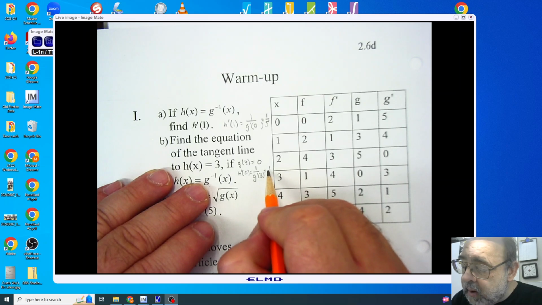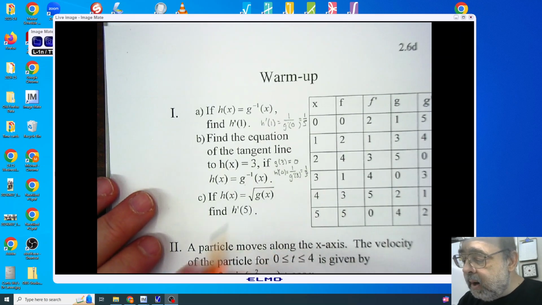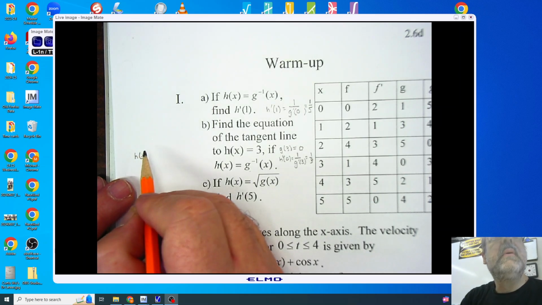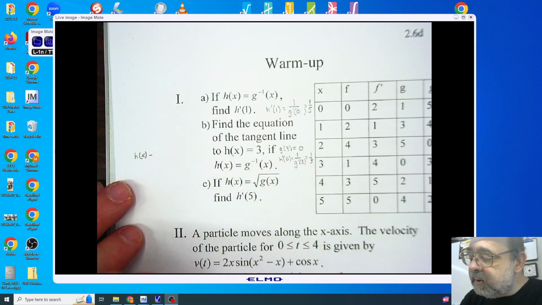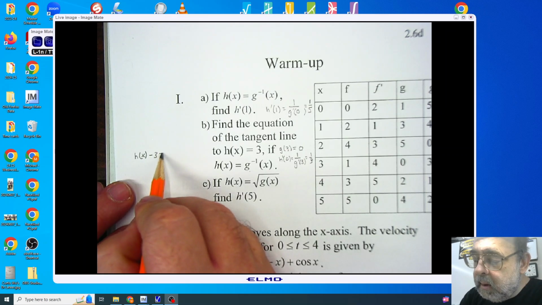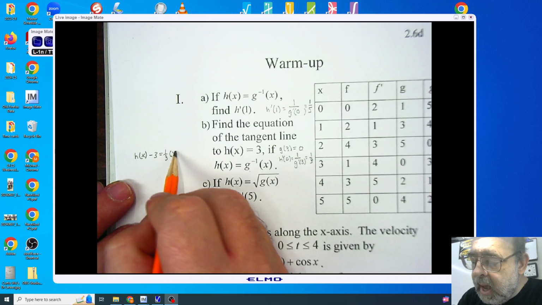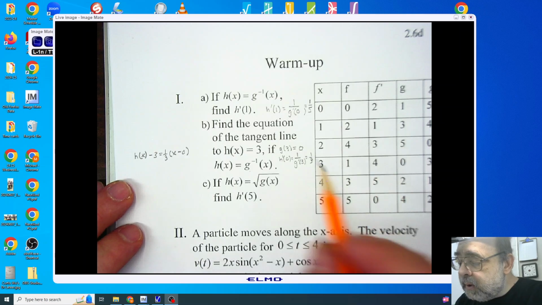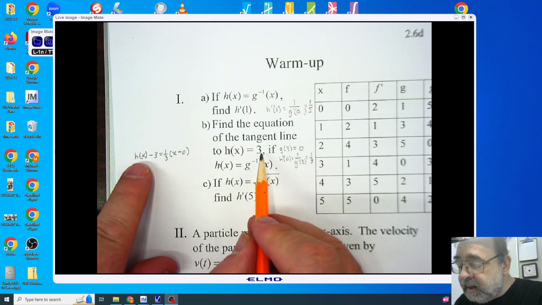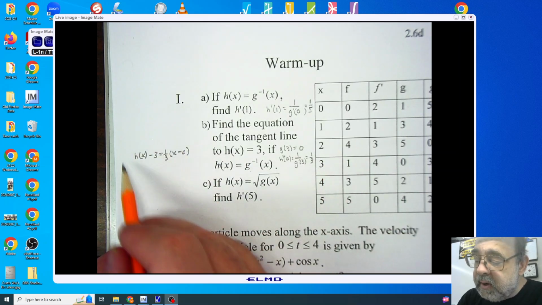We're looking at 1/3, and I'm now ready to put it all together. So we would have h of x minus 3 equals 1/3 times x minus 0. So here's my point, (0, 3) for h of x, with a slope that's 1/3. And this is the equation of my tangent line.